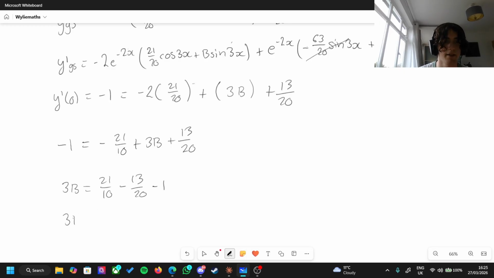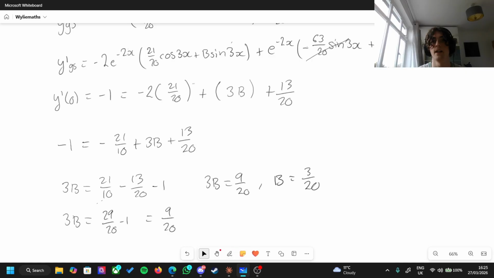So 3b is equal to 21 over 10, which is 42 over 20, minus 13 is 29 over 20, minus 1 is going to be 9 over 20. So 3b is equal to 9 over 20, thus b is equal to 3 over 20. And there we have it. We have our a and our b solution.